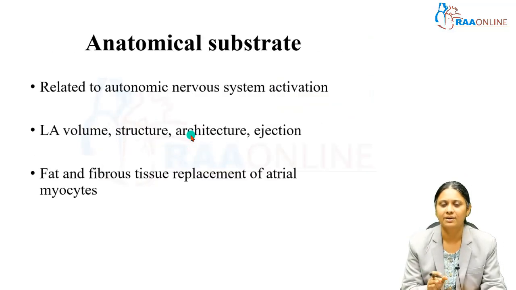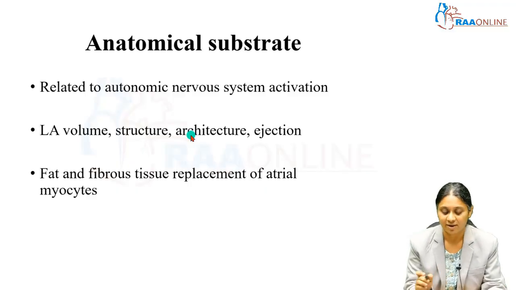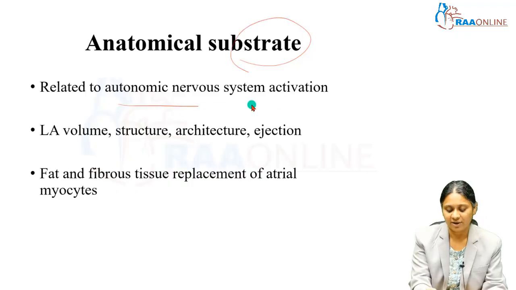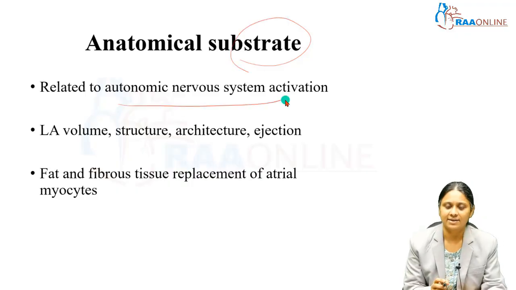So what happens? This physiological substrate or trigger changes to an anatomical substrate in the long term, depending on the frequency and duration of the atrial fibrillation. This is related to the autonomic nervous system, which creates a substrate by increasing the LA diameter and volume and lessening the ejection fraction.